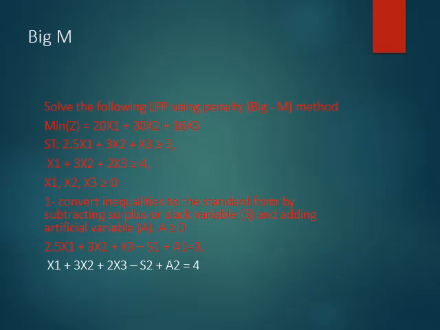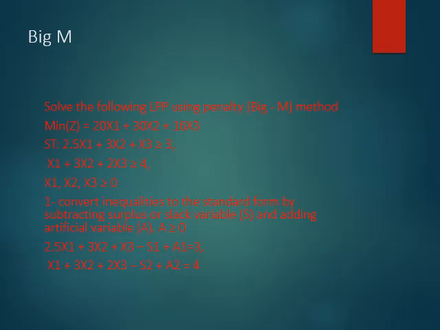The second constraint is x1 plus 3x2 plus 2x3 minus s2 plus a2 equals 4.